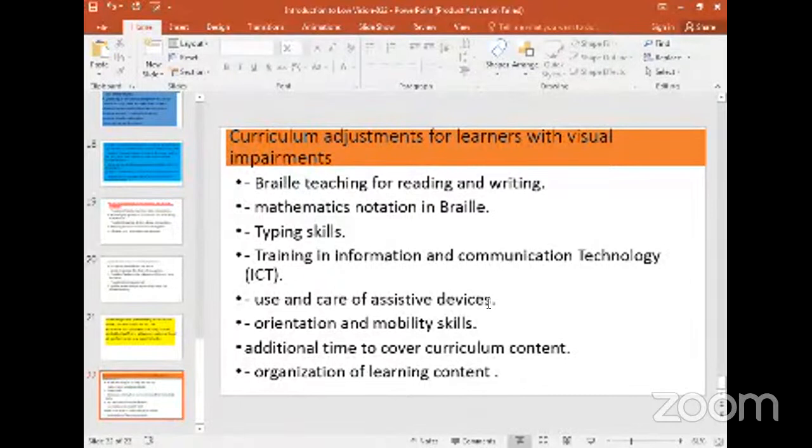We talk about additional time to cover the curriculum content, where you are not just running with the syllabus, but you cater for each and every child, at a pace that best suits them. And finally, organization of learning content.